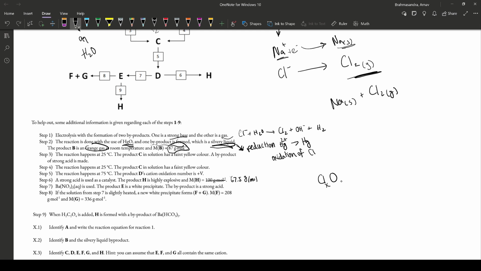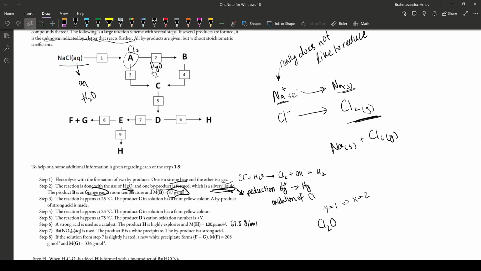And when Y equals 1, with 1 oxygen, this implies that X equals 2, and it's a perfect match. So Cl2O is what we end up getting for B.